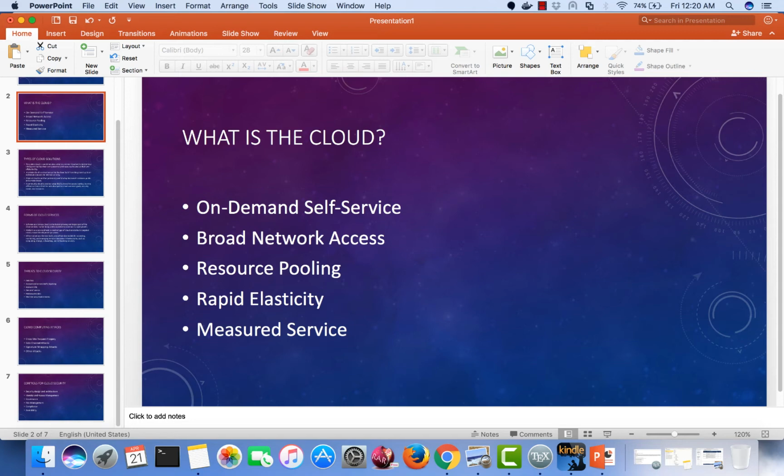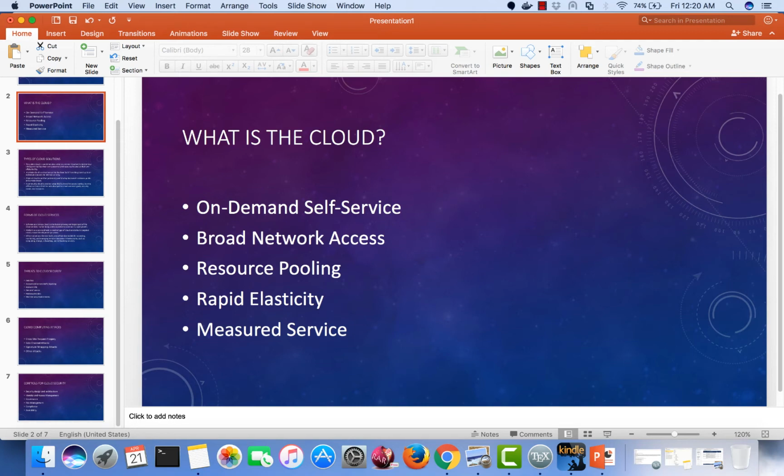We were talking about resource pooling. Computing resources are pooled together to serve multiple consumers using a multi-tenant model, with different physical and virtual resources assigned and reassigned according to consumer demand.